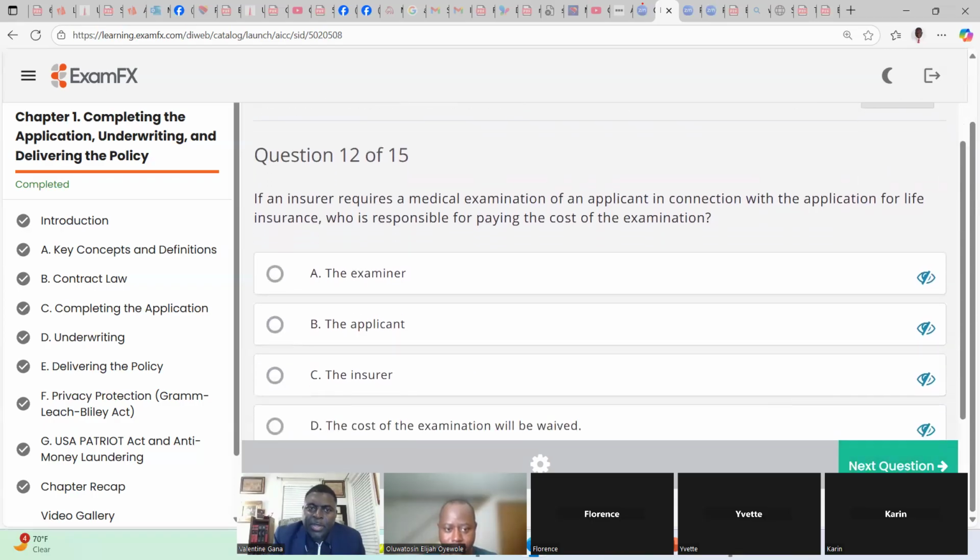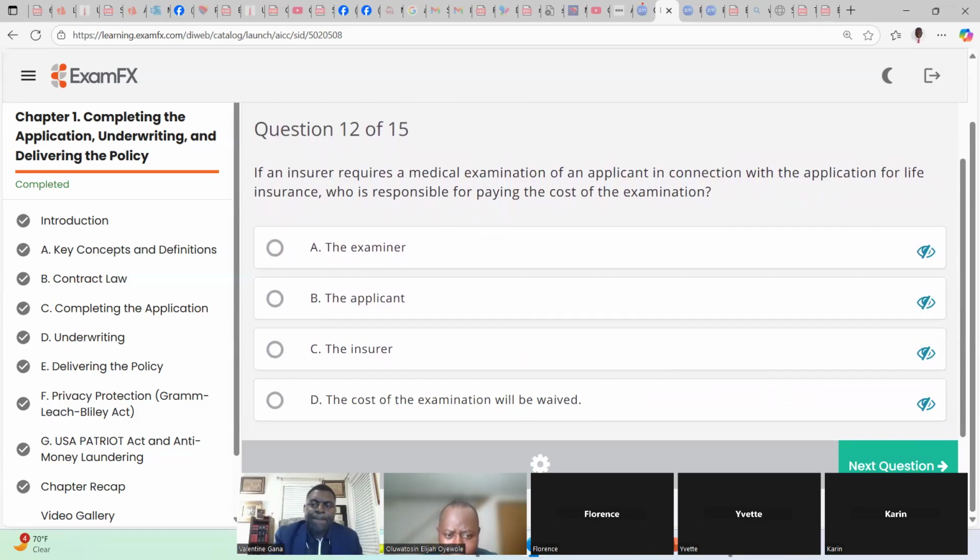So Yvette, you want to read this one? If an insurer requires a medical examination of an applicant in connection with the application for life insurance, who is responsible for paying the cost of the examination? A, the examiner. B, the applicant. C, the insurer. D, the cost of the examination will be waived.